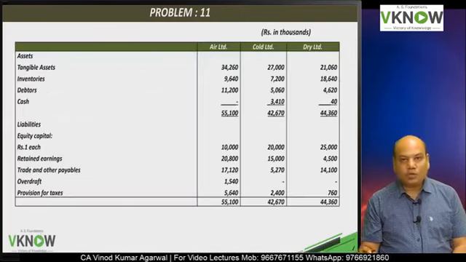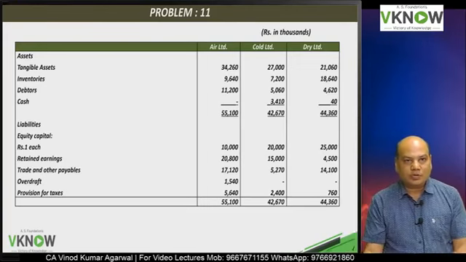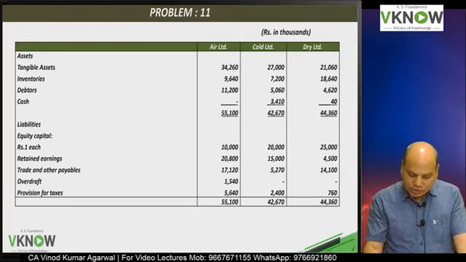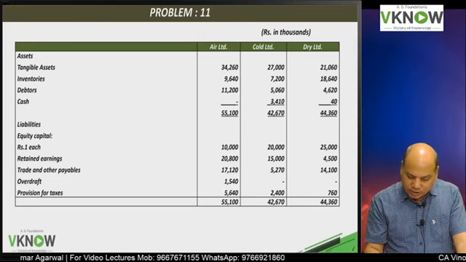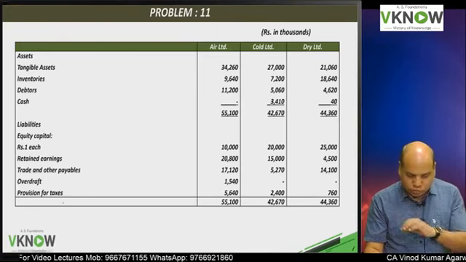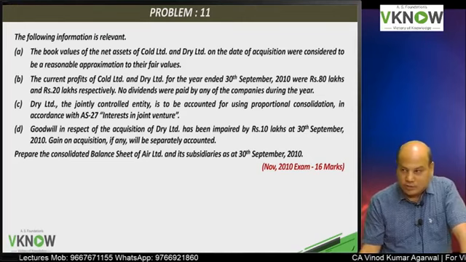The current year profit earned by subsidiary and joint venture will be post acquisition profit. Balance sheet is easy. Asset side: tangible asset, inventory, debtor, cash. Liability side: equity share capital, 1 rupee face value, retained earning, trade and other payable, overdraft, provision for tax.